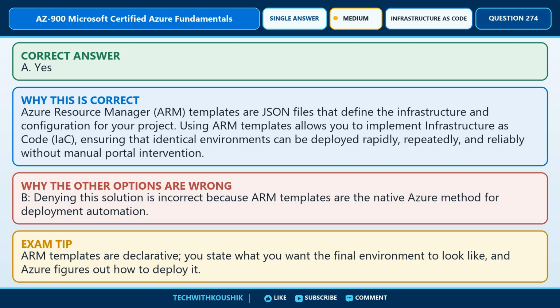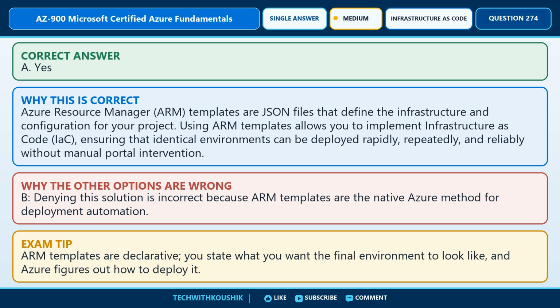This works because Azure Resource Manager, ARM, templates are JSON files that define the infrastructure and configuration for your project. Using ARM templates allows you to implement infrastructure as code, ensuring that identical environments can be deployed rapidly, repeatedly, and reliably without manual portal intervention.